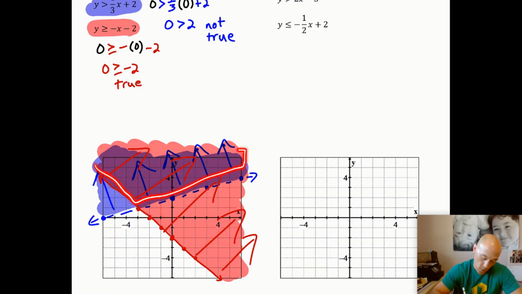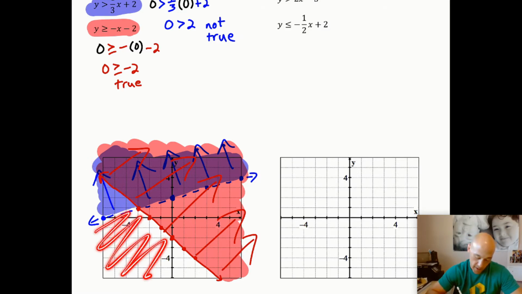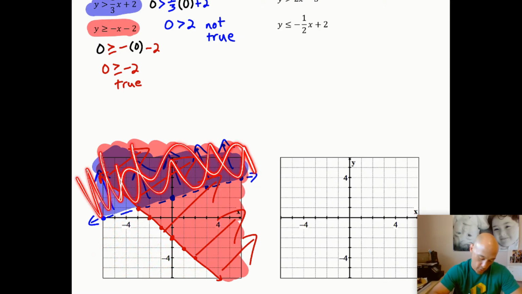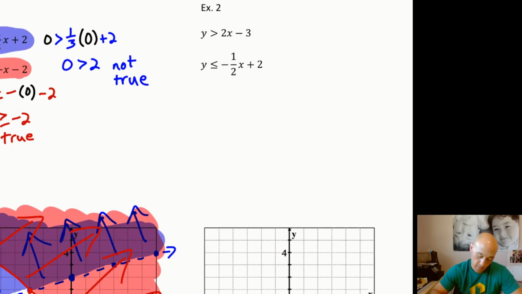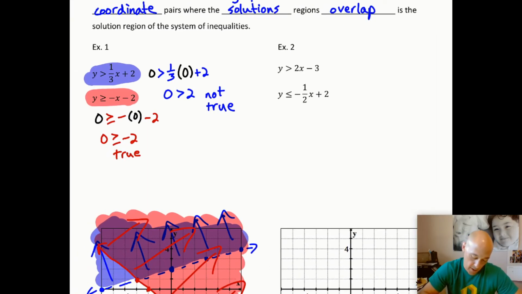All of the points on this line would be true for both of them. Points on the other side wouldn't be true for either of them. These points would all be true for the blue one. So that's how you can check your solution set.